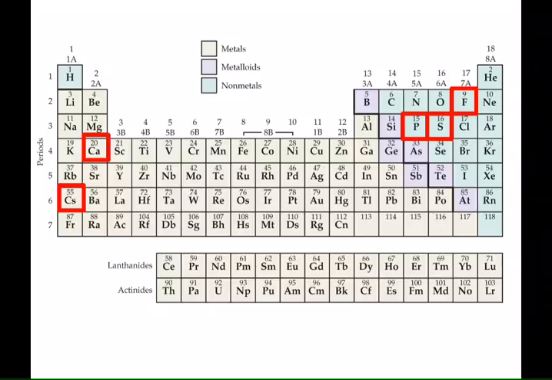Let's see if we can decipher which one's going to be the smallest and which one's going to be the largest. Keep in mind that size gets bigger as you go down the group, and size gets bigger as you go from right back to left within the same period. All right? So does this make sense that this one down here is the biggest?